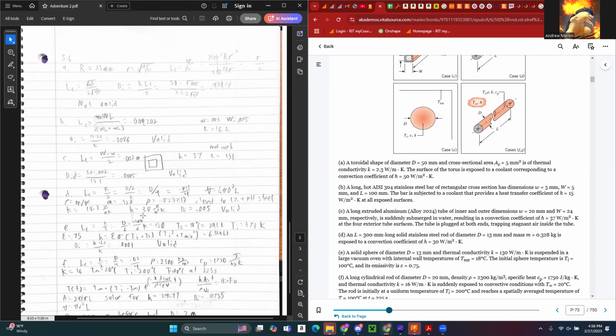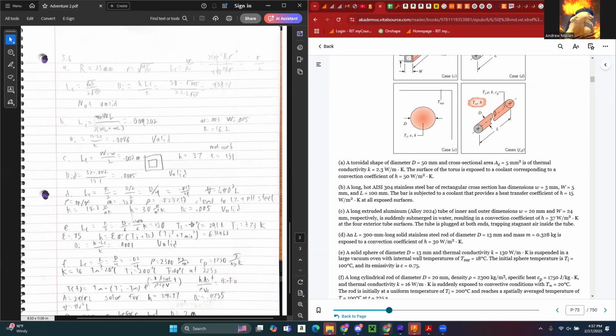Yeah, giving a characteristic length of 0.002167. And k equals 130, which is the thermal conductivity for the sphere as listed in the problem statement.